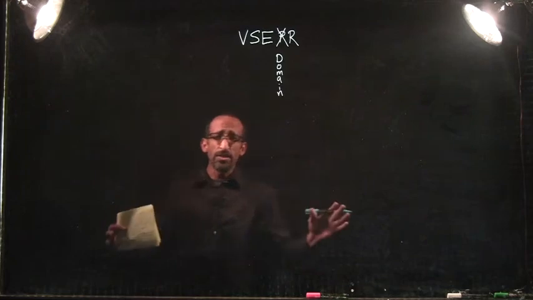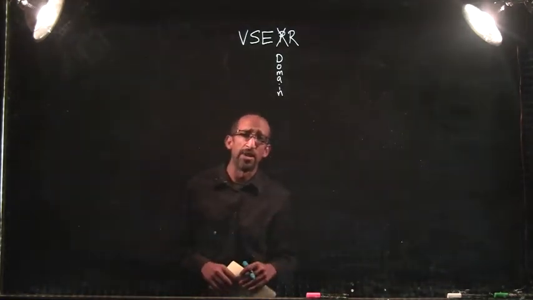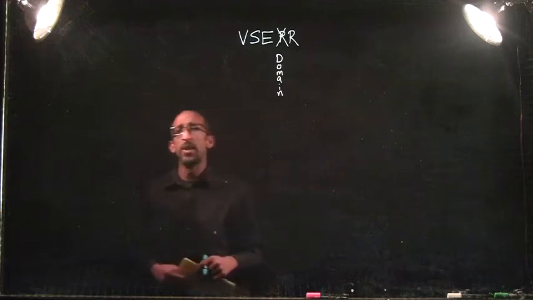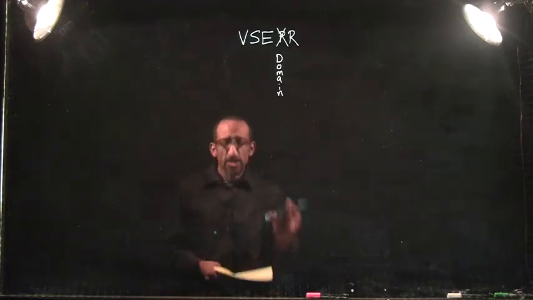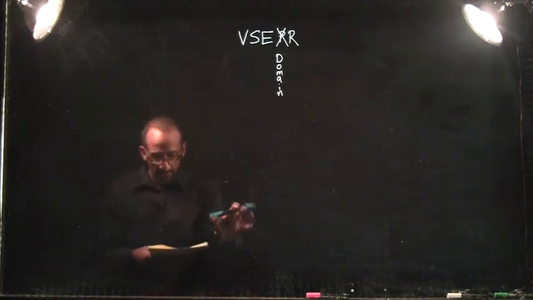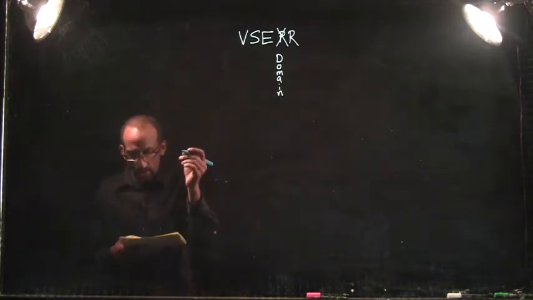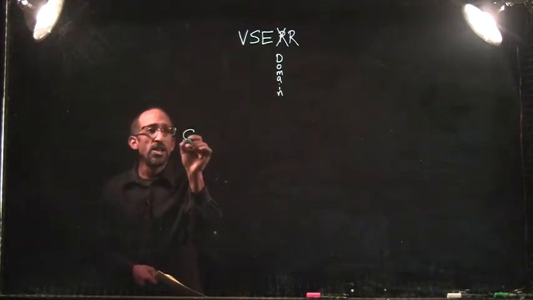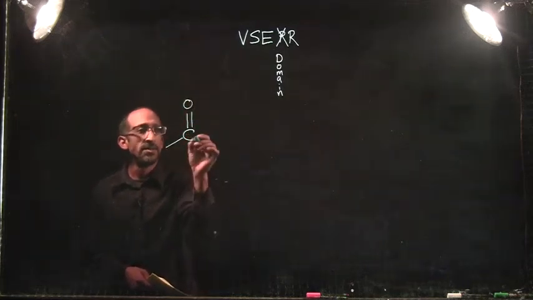Okay, so in our first examples where we were looking at 4 electron domains around an atom, that meant that we could only have single bonds involved, right? So how can we determine the geometry about an atom where we start to have double bonds or multiple bonds? So let's start with acetone. And we're going to look at that central carbon in acetone.